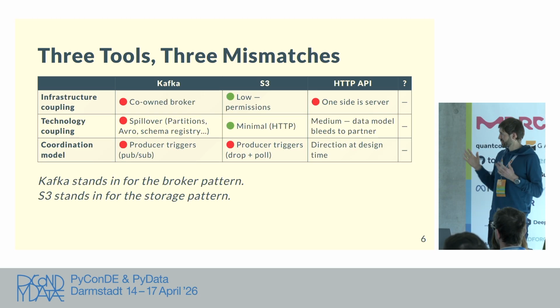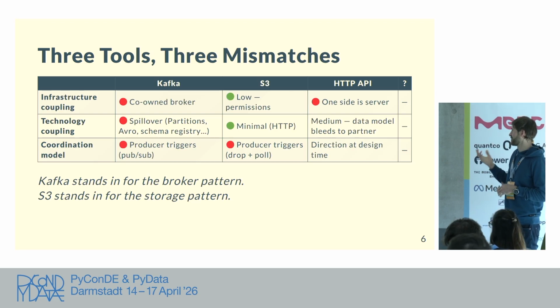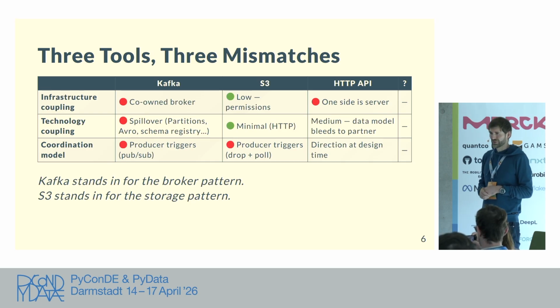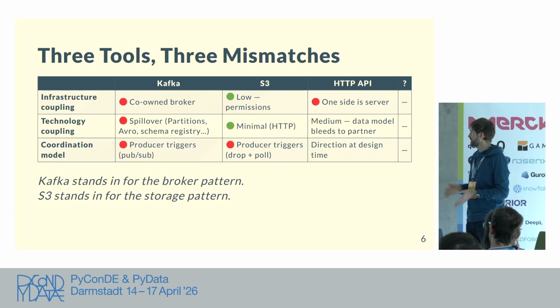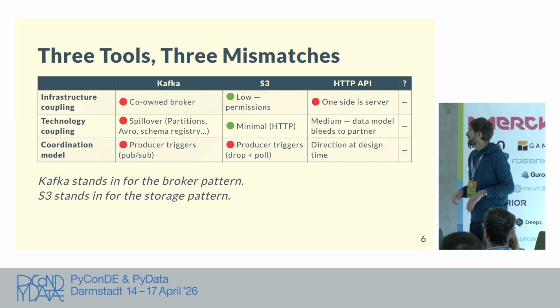So when we look at tools, and we're looking at Kafka and S3 and web APIs as representatives, you can drop in any tool that you know, like take RabbitMQ instead of Kafka, or you can use SharePoint or SFTP instead of S3.